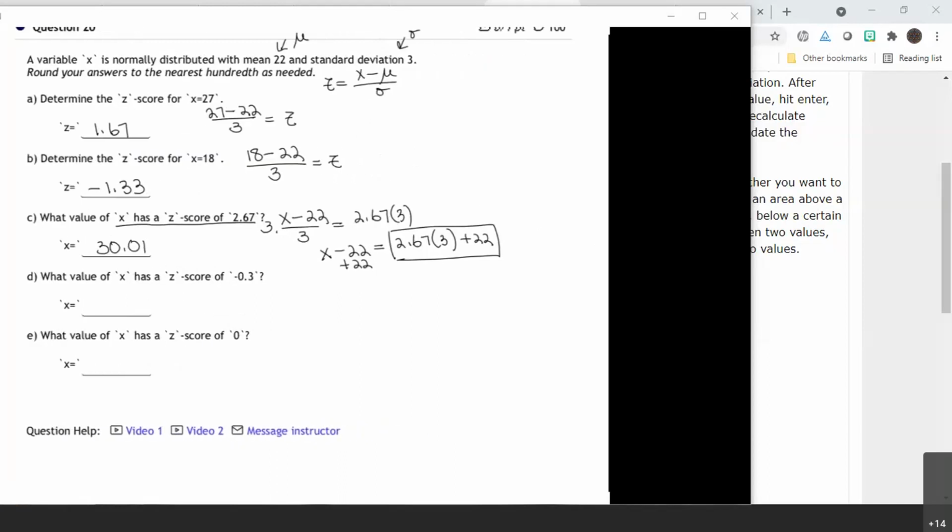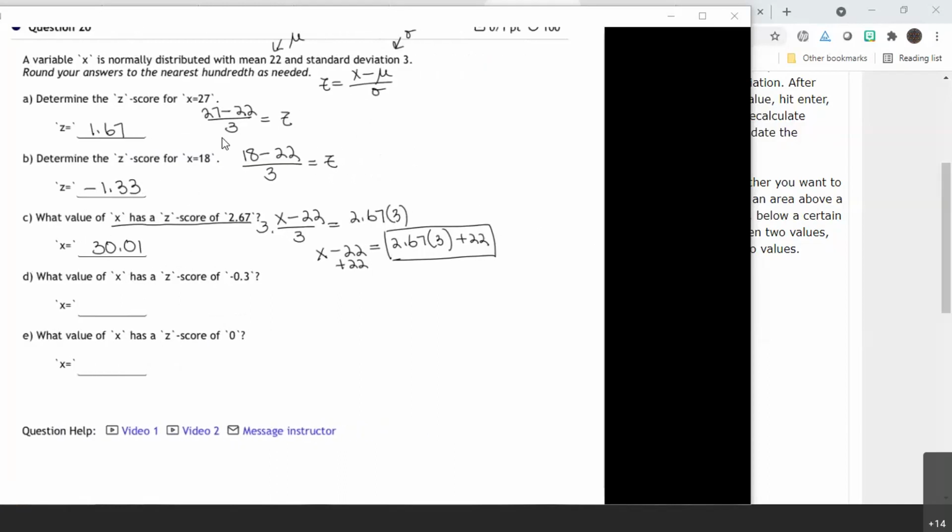Please pay attention to what they're looking for. In the first two, they're looking for Z. Here, they're looking for X. Now they're saying what X value has a z-score of negative 0.3. I'm going to do it the same way.